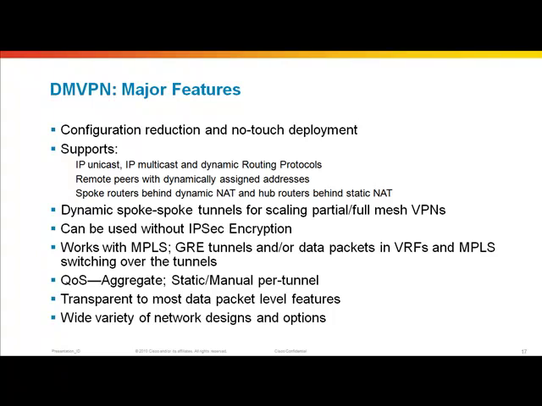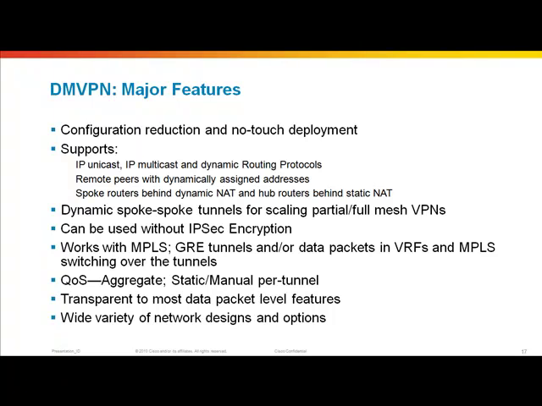Some of the major features for DMVPN. Actually, the first one on the list here, configuration reduction and no-touch deployment, was the main feature when I designed DMVPN going on about 10 years ago, when I first had the ideas for DMVPN. At the time, we were using point-to-point GRE tunnels with IPsec, and I noticed in a network of maybe 300 nodes, where you have 300 spokes and 1 or 2 hubs, that the hub may have 5,000 or 6,000 lines of configuration in order to support that.